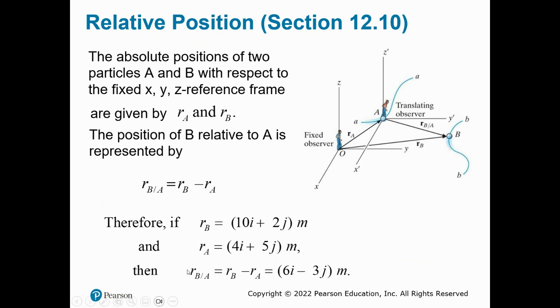In order to find the relative position here, I am coming from A pointing toward B, always pointing toward the first letter. RB/A will equal RB minus RA.